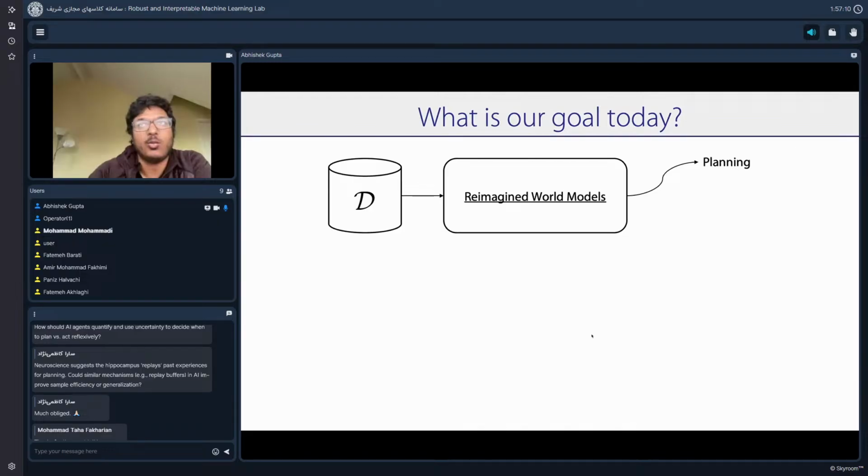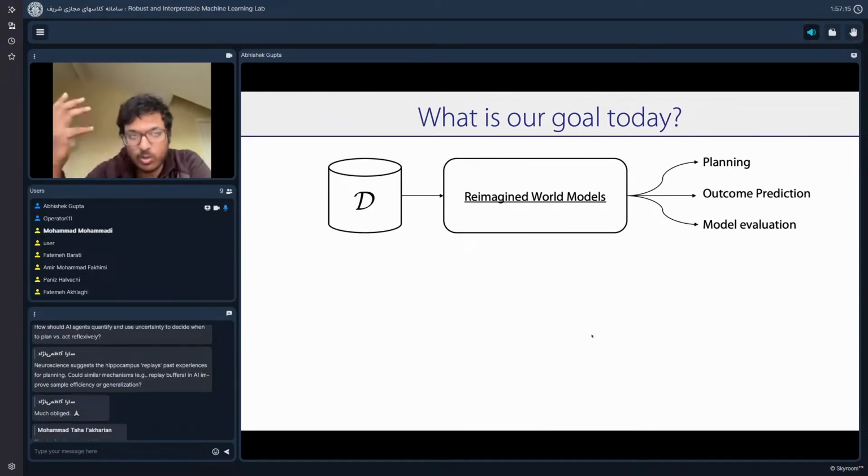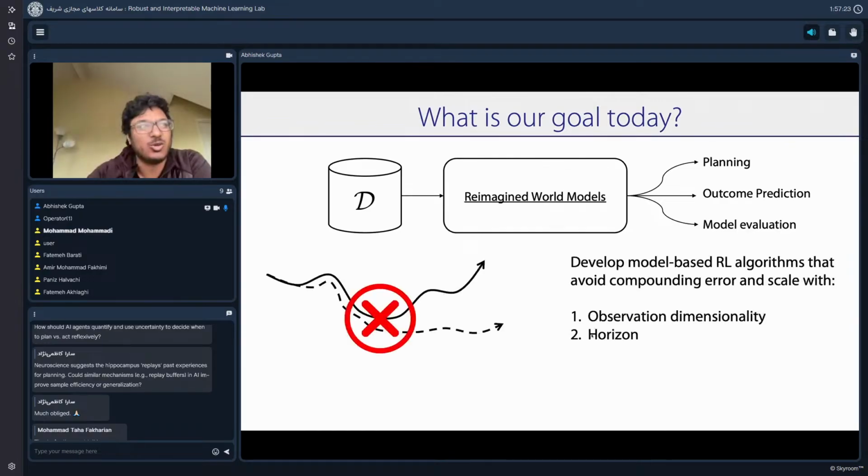And so what I'm going to try and think about is how do we reimagine the process of developing a world model conceptually in a way that enables things like planning or outcome prediction or model evaluation in the future, right? And so I want to do that while avoiding challenges like compounding error and ensuring that we can scale with size of observation and horizon.